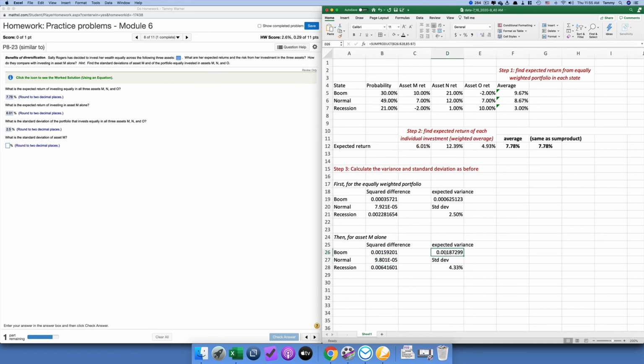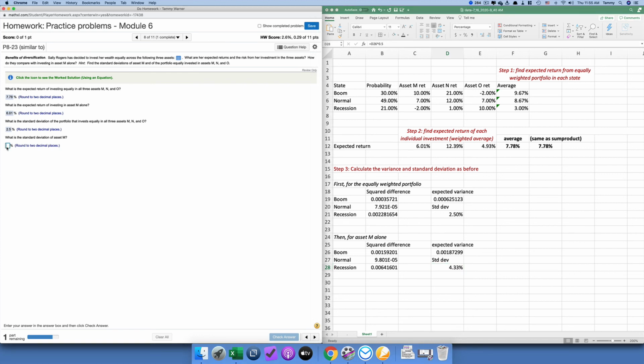You get a variance of 0.00187, take the square root of that, and that gives you 4.33% standard deviation for asset M. And so, right there was the mathematical explanation of how diversification works.